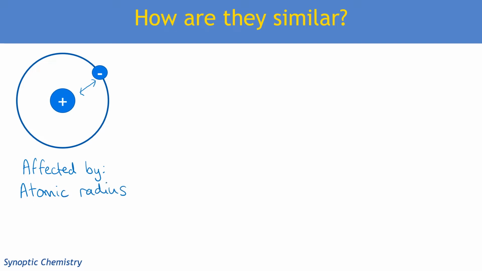The greater the atomic radius, the easier it will be to remove an outer electron, and therefore the lower the first ionization energy. The greater the atomic radius, the less attraction an atom will have to shared electrons in a bond, and therefore the lower the electronegativity. The other thing that's going to affect it is nuclear charge.